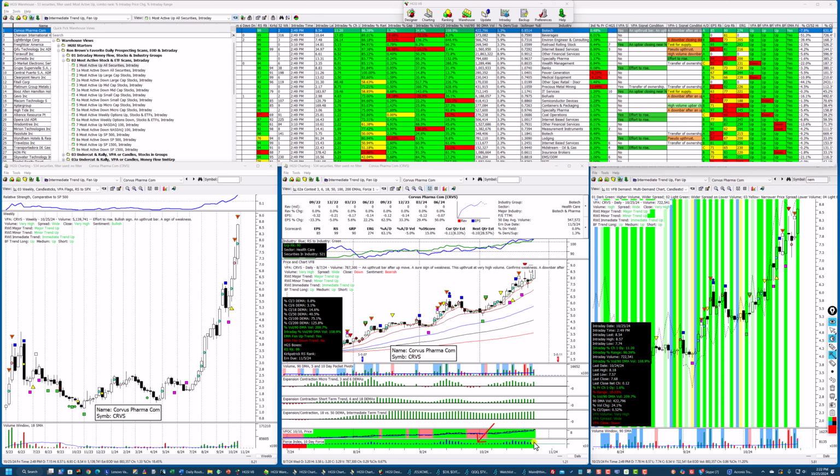Didn't quite pull back enough on the 10-day force, but I just like having them both in here, just as a confirmation of strength. When the force based upon 10 days is strong, you're going to get the histogram, which is showing increased force, which is today's close minus yesterday's close times today's volume averaged over 10 periods.